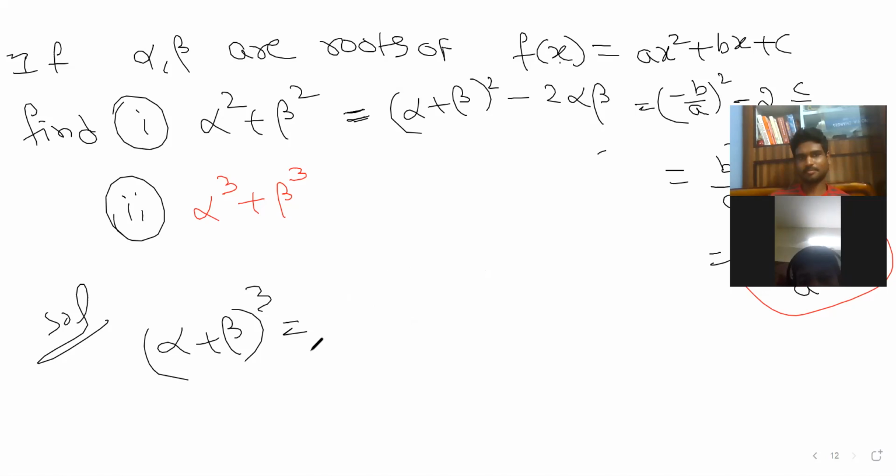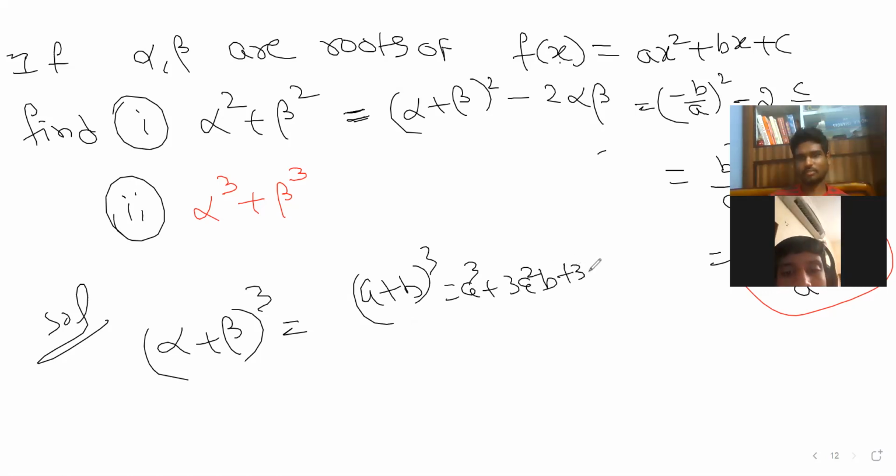What is the a plus b whole cube formula? It is a cube plus 3a square b plus 3ab square plus b cube. But you don't know a square b. For this, you would need alpha square beta, and we don't know this.